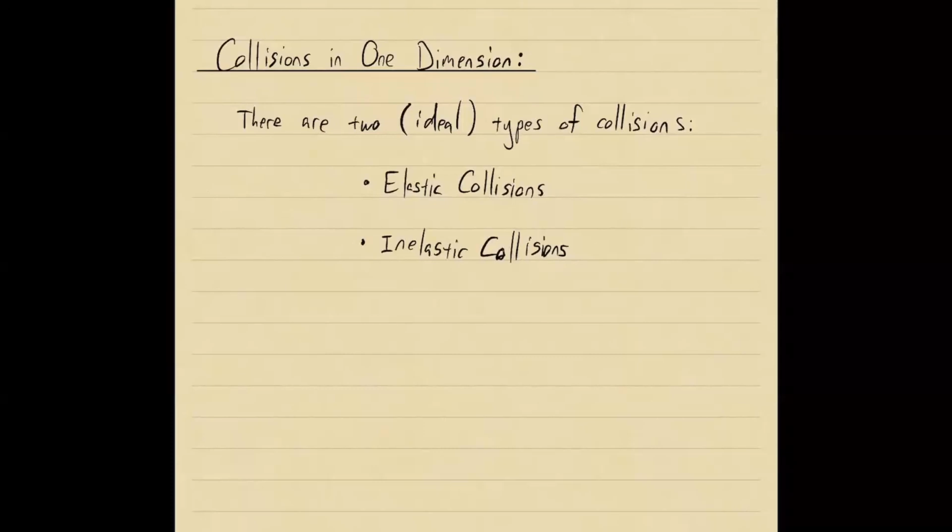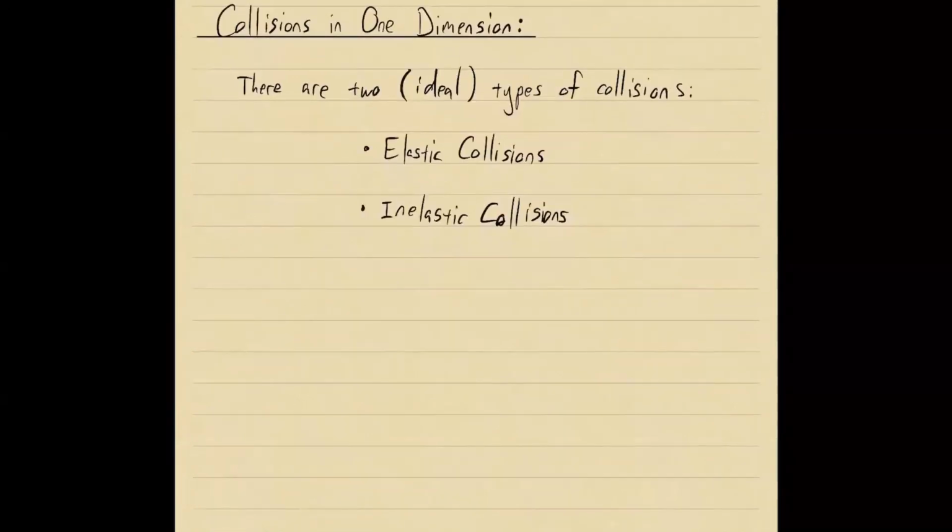But for something as large and as complicated as a car, we'll find that whatever you collided with, that collision would not technically be either elastic or inelastic. It would be some sort of weird mix of both. But it's good to still have these two different types of collisions in mind whenever you're looking at a problem, right? This is physics 1. We can make all these ideal situations come to life when we're actually solving these kinds of problems. So to begin with, let's talk about elastic collisions.